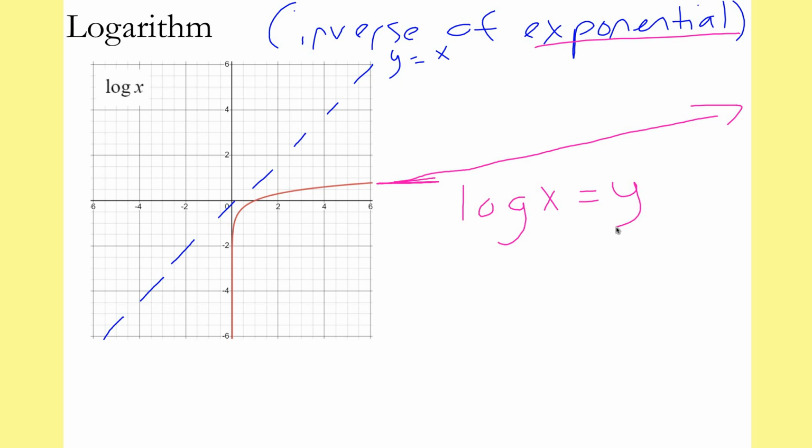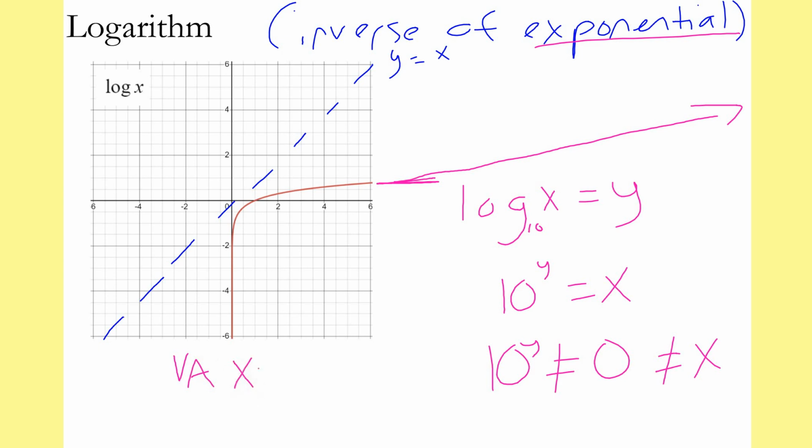That's what this graph is. The base is 10. So if we rewrite it in exponent form, 10 to the y equals x. Well, 10 to the y is never going to equal 0. So therefore, x can never equal 0. And that's why we have a vertical asymptote at x equals 0.